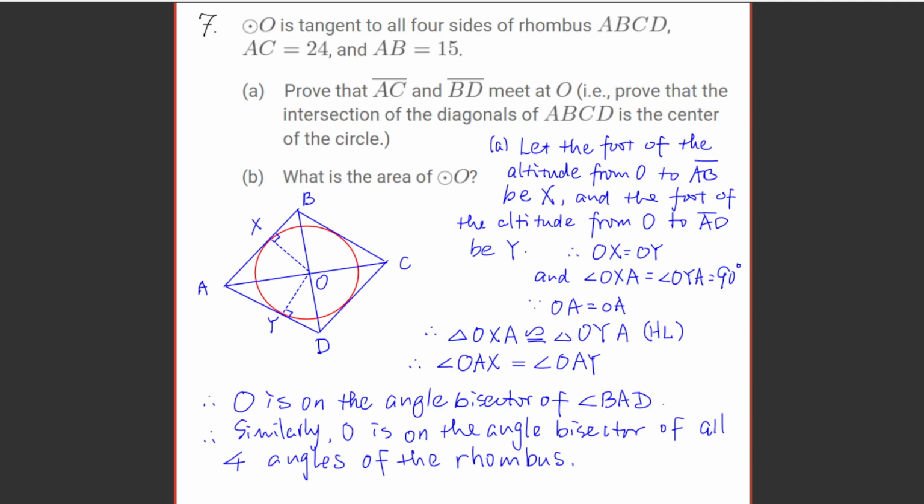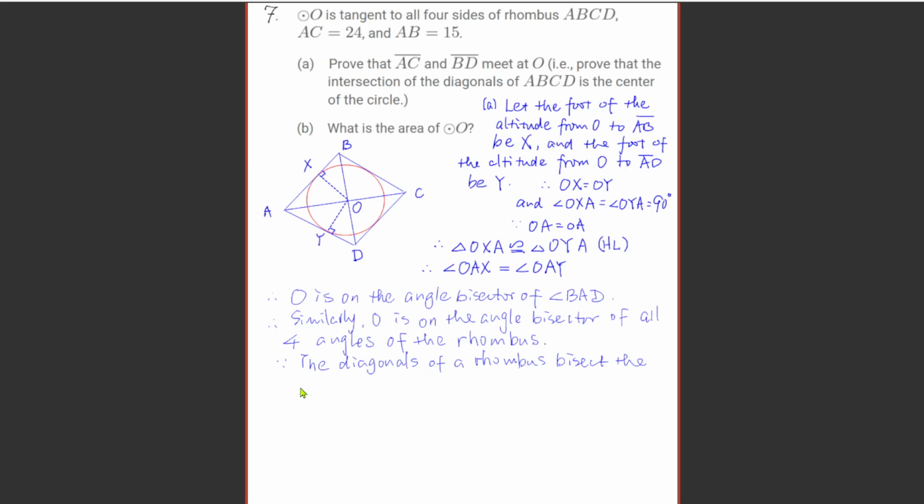Since the diagonals of a rhombus bisect the angles of a rhombus, we can conclude that O must be on both diagonals of the rhombus, right?